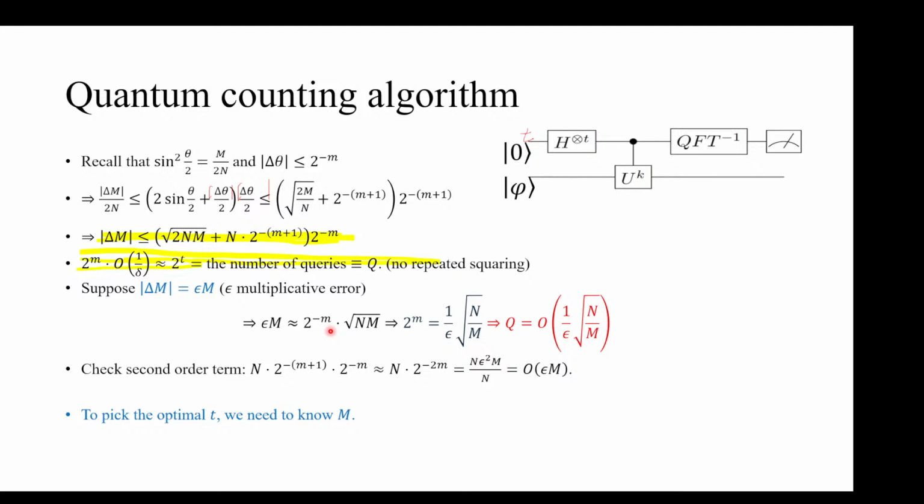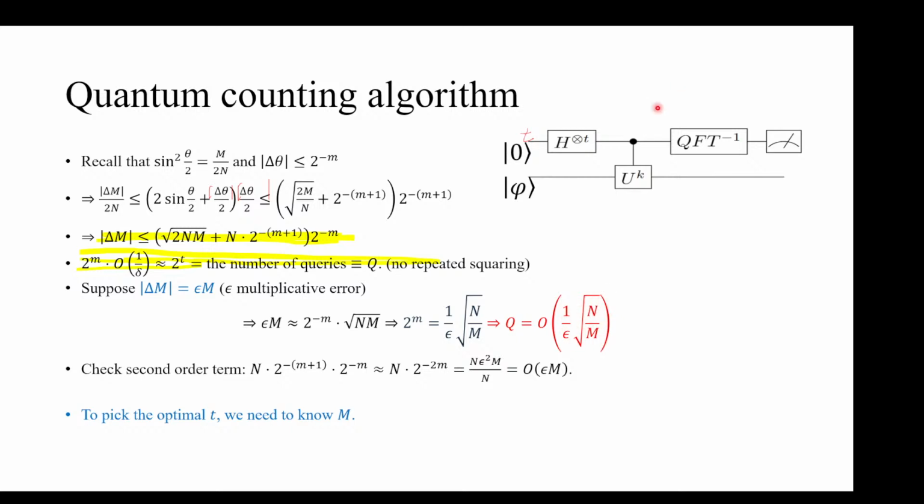Then you move things around, and 2 to the n is 1 over epsilon times the square root of n over n. We also said the number of queries is about order 2 to the small n, and so the number of queries is about order 1 over epsilon times the square root of n over n.